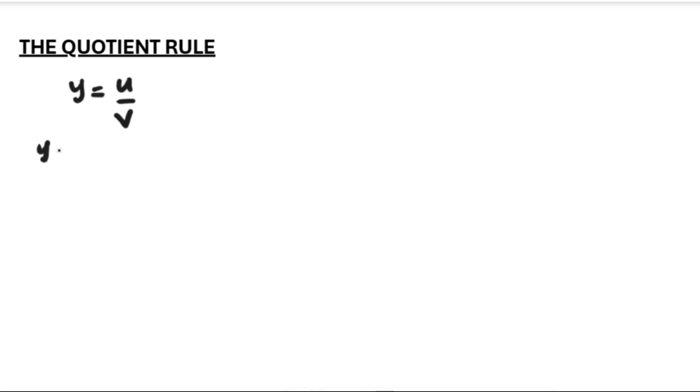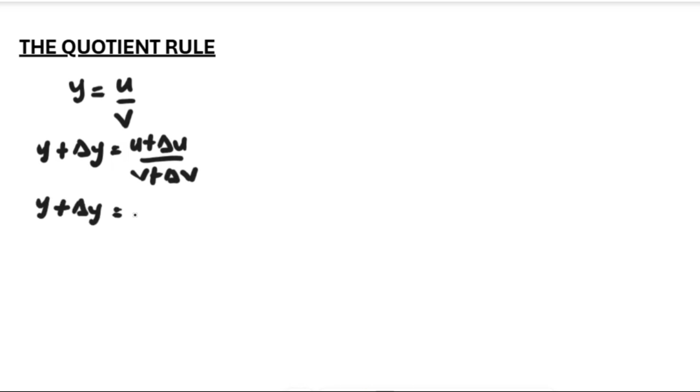We are going to have y plus delta y is equal to u plus delta u divided by v plus delta v.